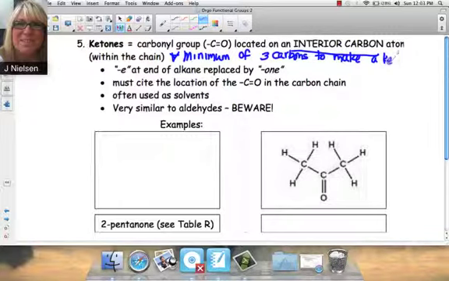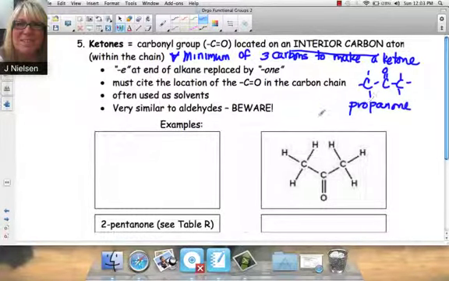So the first ketone that you can make is, there's my double bonded oxygen on an interior carbon, and this is propanone, and this is also known as, ladies, acetone, which is your nail polish remover. Notice how I took propane, I dropped the E and added ONE.